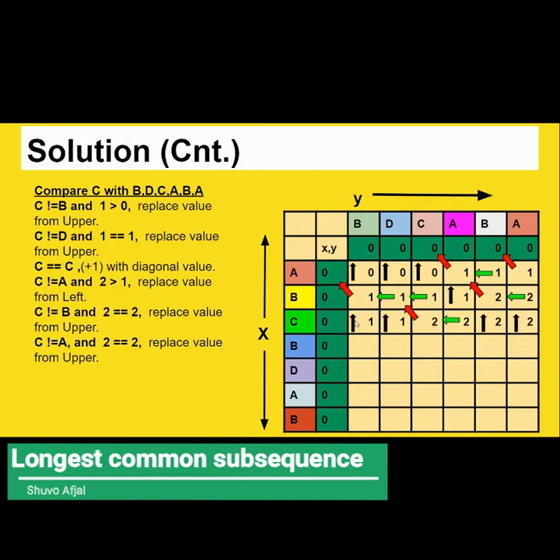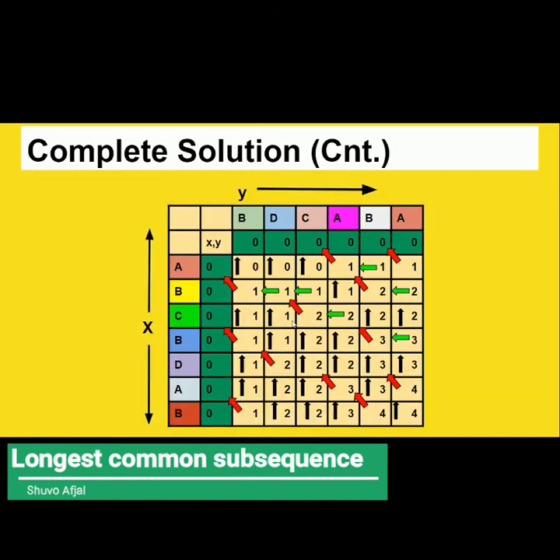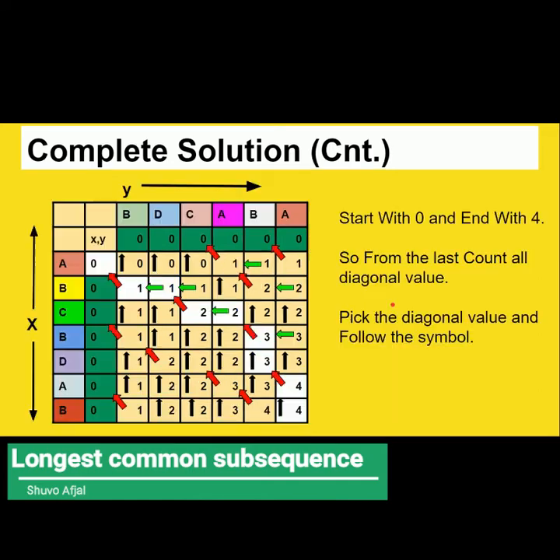In this procedure we solve the row C, and after solving all the rows and columns, we create a complete solution in the same way, and this is the solution of the Cormen problem. After calculation, we will find the longest common subsequence.